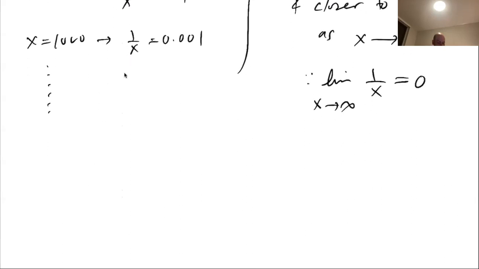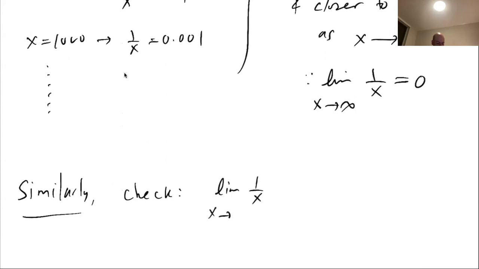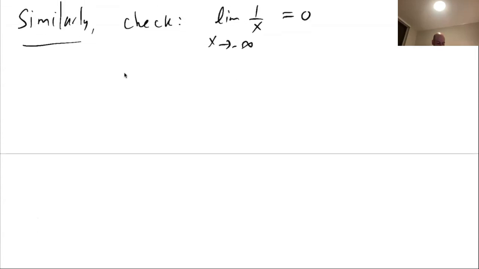Similarly for the other side, check that limit 1 over x as x goes to minus infinity is also 0. So the graph would look like this.